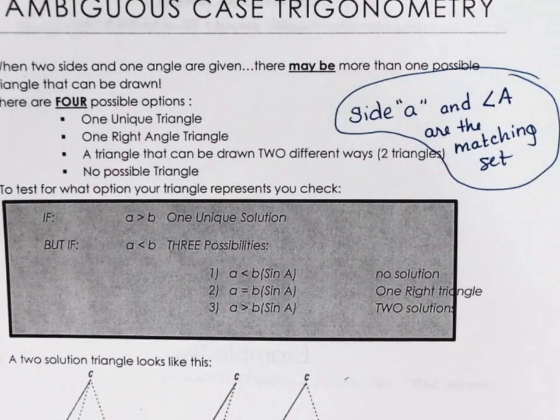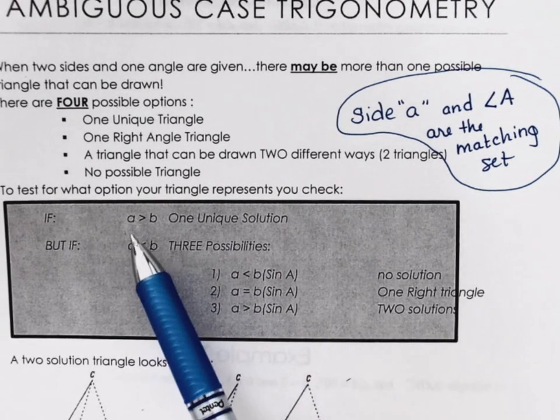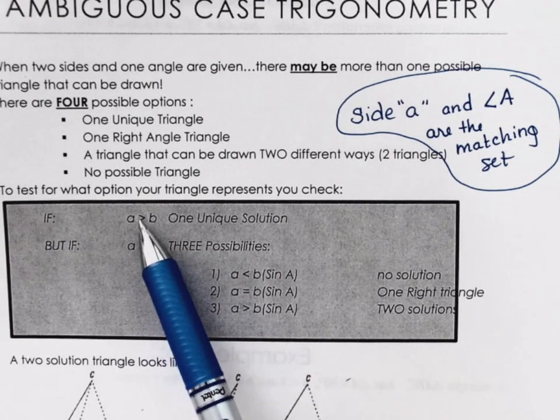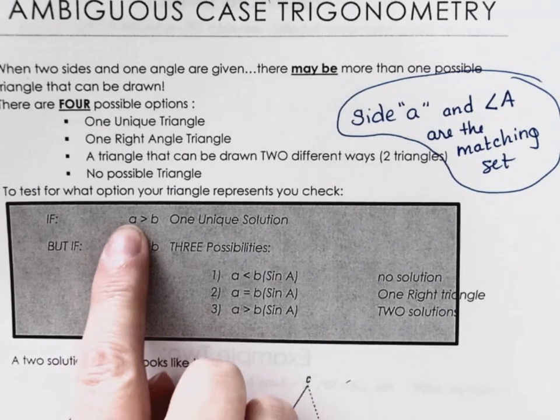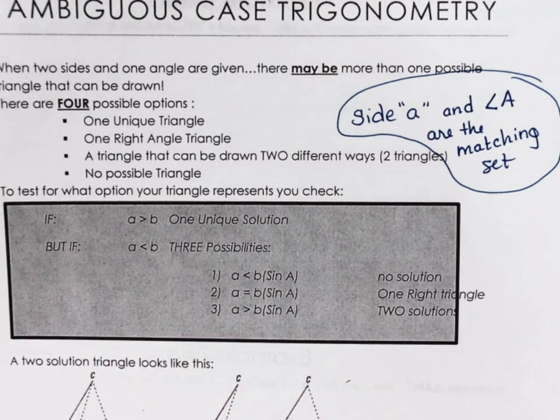Okay, that's super important. Side A, so when I'm looking at this list of rules, when I talk about A has to be greater than B, I'm talking about the set, whatever letter that is, that set is always A. So if you have a matching set and it's labeled P, like side P and angle P, then that letter A changes to a P. A is always representative of the set that you know all the information about.